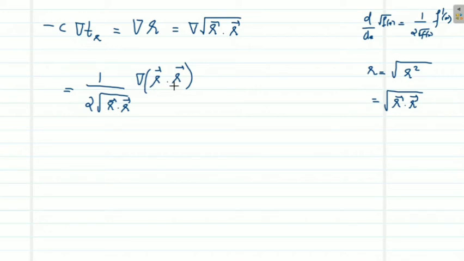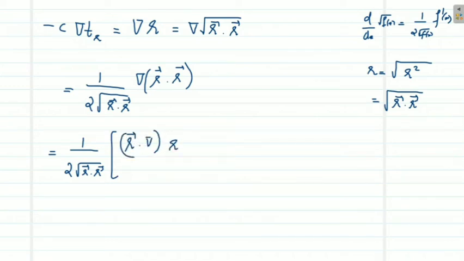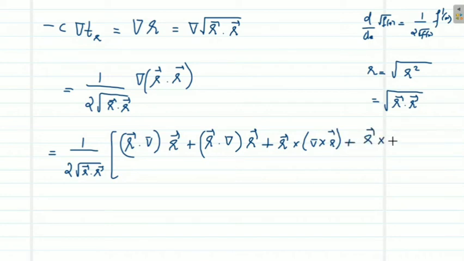It is actually expanded with 4 terms. So its expansion is given by 1 by 2 root r bar dot r bar into r bar dot del of r bar plus r bar dot del of r bar plus r bar cross del cross r bar plus r bar cross del cross r bar, since both a bar and b bar are r bar.